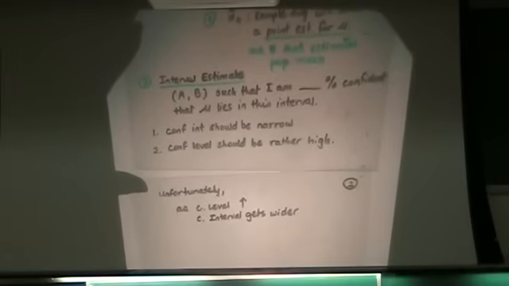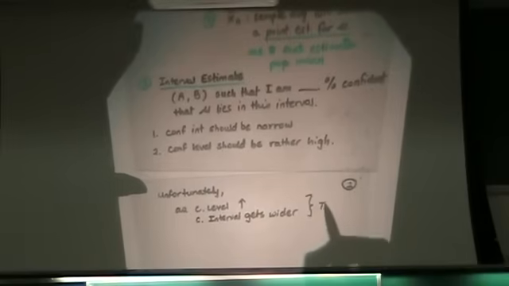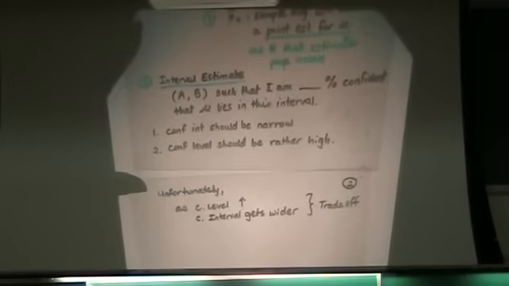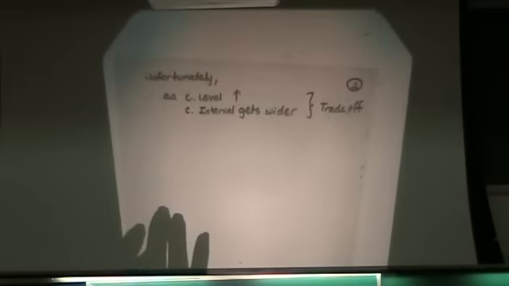So I'm trying to keep the confidence level up, but the interval just got wider. And I don't want it to be wide, but it's a trade-off. There's a trade-off between the confidence level and the size, right? As soon as the confidence level goes up, unfortunately it gets wider. Not that I want it to be wider.